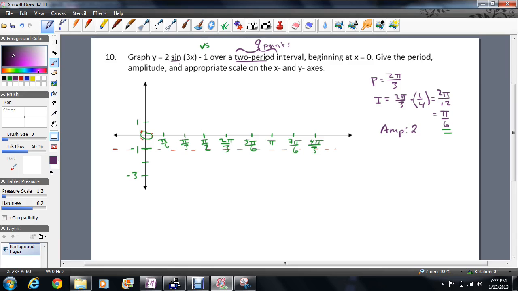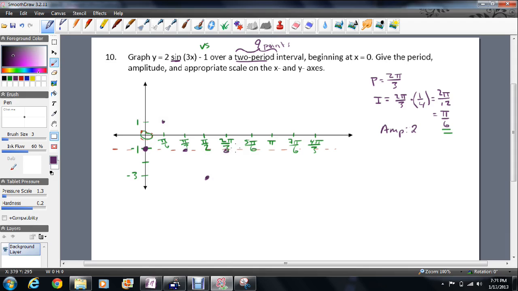We're talking about sine. So sine always starts at the center line. I'm going to start here at the center line. This is my first point. And then sine starts out by increasing. So I'm going to go up to my max value, back down to my center line, then down to my minimum value.